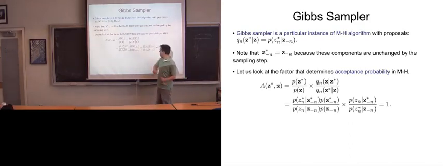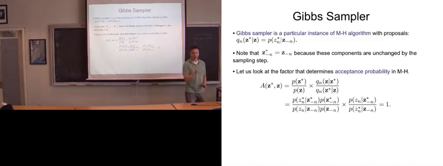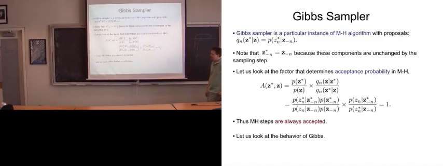These guys cancel out. These guys are the same, because all variables except for the nth don't change. So it's 1. Which effectively means that Gibbs sampling is nothing more than the Metropolis-Hastings operator with a specific proposal, which is given by the conditional, and the steps are always accepted, because the ratio is always 1. Okay?